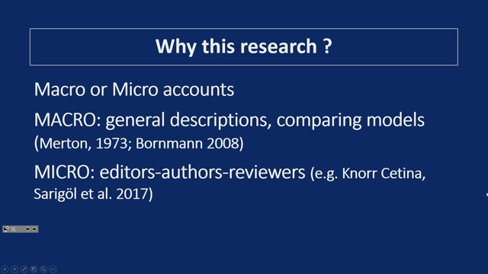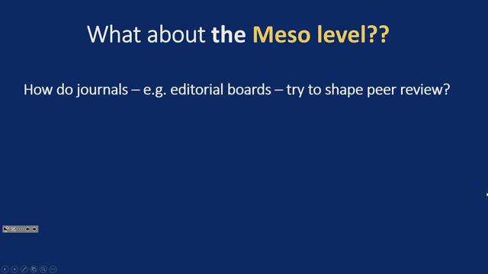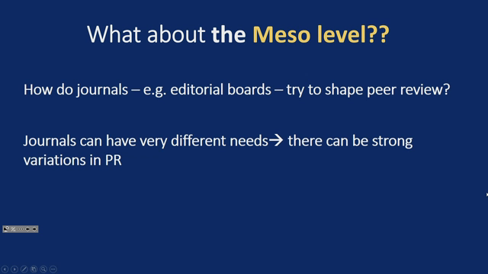What is missing at the moment in this reconstruction is the meso-level, the middle level of the journals. So the question is, how do journals, editorial boards, and editors try to shape peer review? They can try to address some of the limitations, or they might have very different needs, and therefore they can try, through the instructions, to shape peer review in a way that is consistent with their needs.